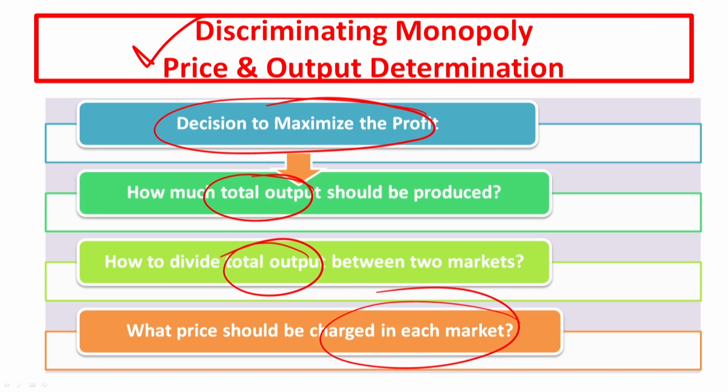That means first the total production, then how you are going to divide this total production into various sub-markets, and in various sub-markets what is the price that you will charge, and that basically depends upon the elasticity of the demand. And the third degree of price discrimination is based on price output determination under discriminating monopoly.